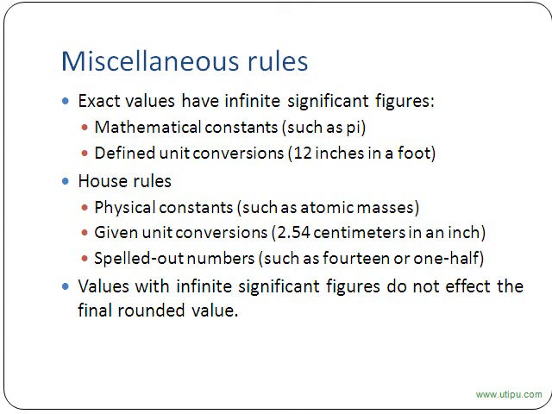So if you look on your periodic table when we get to that, and it says that the atomic mass of hydrogen is 1.01, normally that would have 3 significant figures, but for any calculation that we do, we're going to assume it's exact. So it's 1.010000 forever.